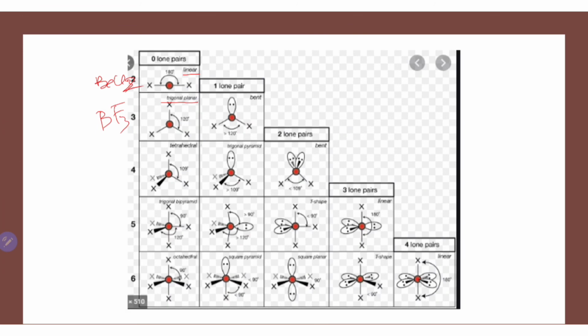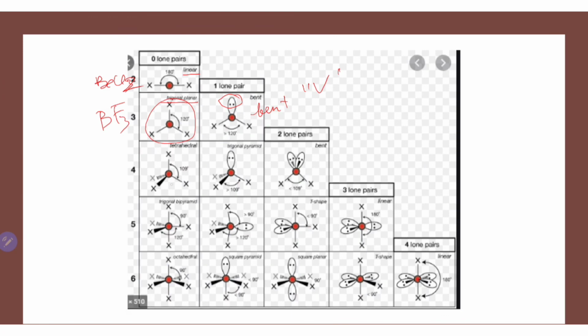But when there are 3 like this, 3 bond pairs, but one place is empty, only occupied by lone pair, then the shape will be bent or V shape.